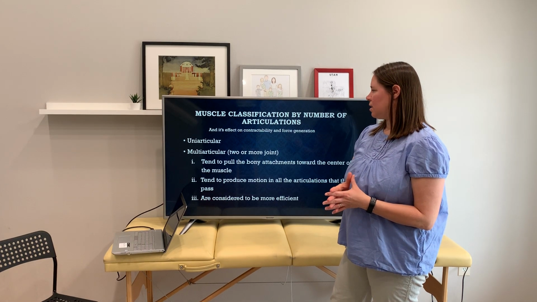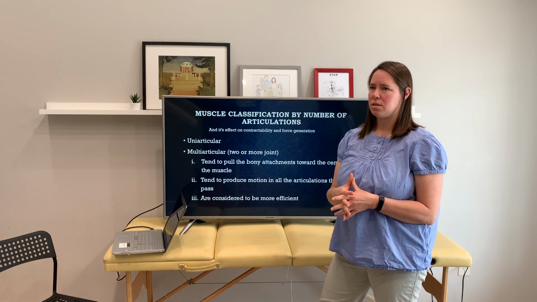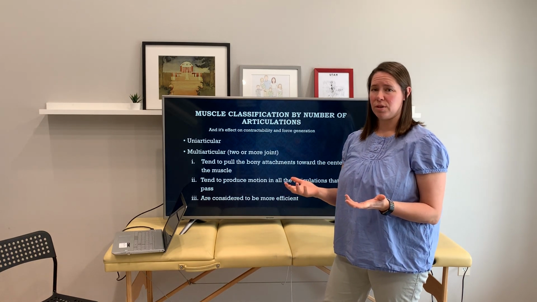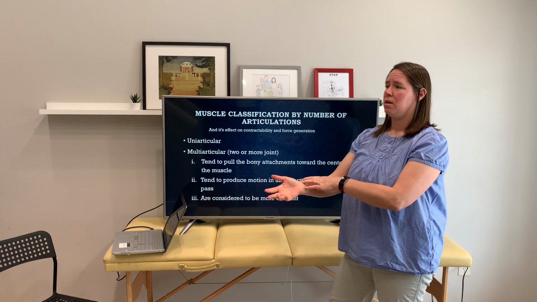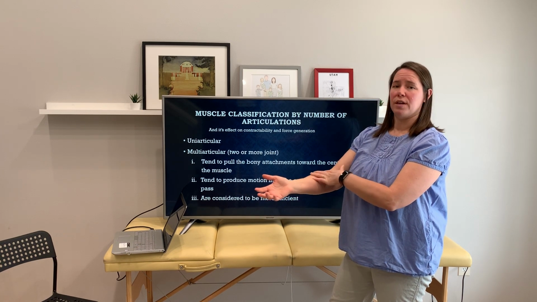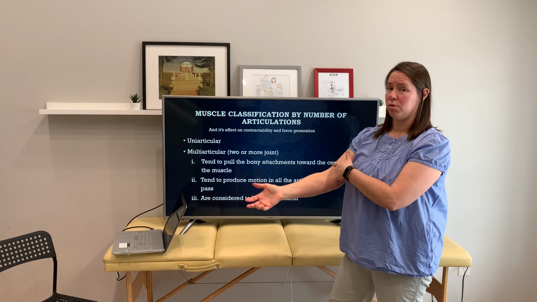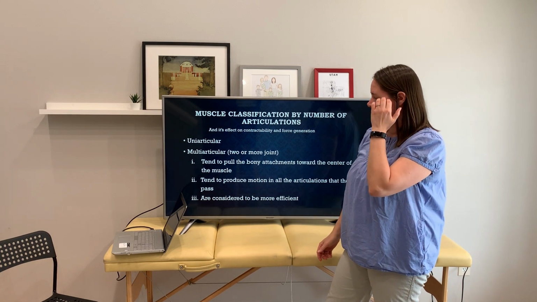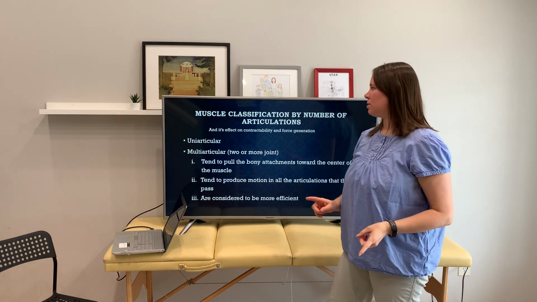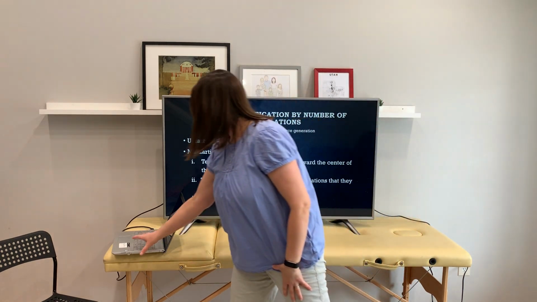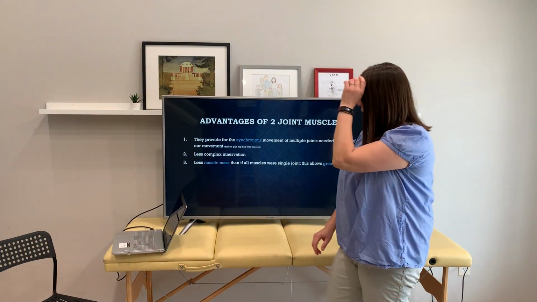So multi-articular, mostly these are 2 joints, sometimes 3 joints if you think about some of your wrist and finger flexors and extensors. Some of them cross the elbow joint as well, right? So you have 3 there. Often it's just 2 joints. And there are some unique characteristics that we're going to talk about with that.